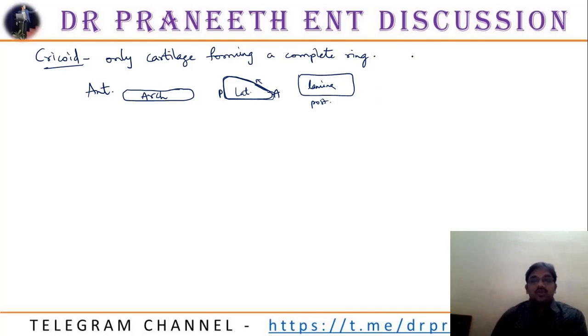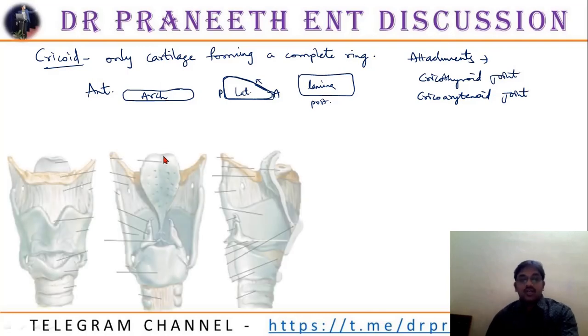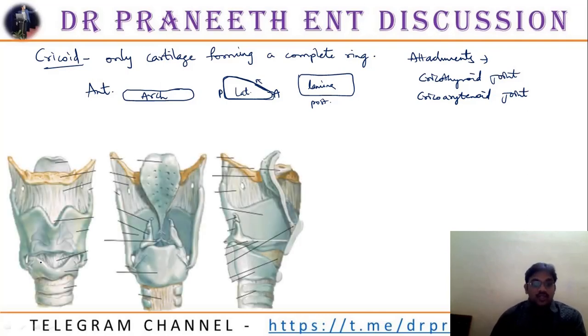Regarding the cricoid attachments, the cricothyroid joint is found between the cricoid and thyroid cartilages, and the cricoarytenoid joint is formed between the cricoid and arytenoid cartilages. This is the cricoid arch anteriorly.